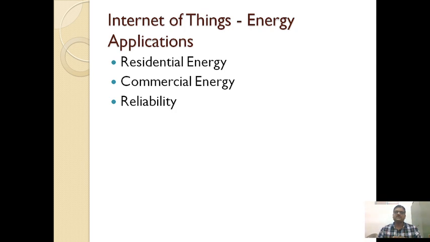IoT offers a sophisticated way to analyze and optimize use not only at device level but throughout the entire system of the home. This can mean simple switching off or dimming of lights, or changing device settings and modifying multiple home settings to optimize energy use.